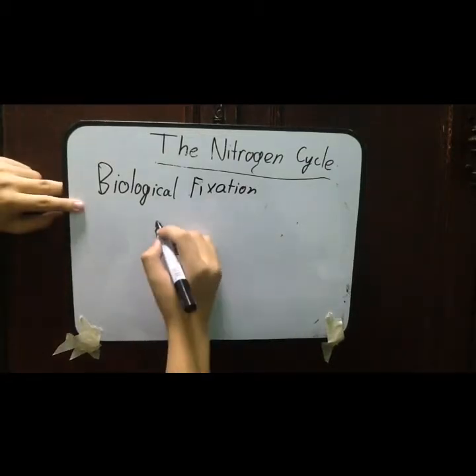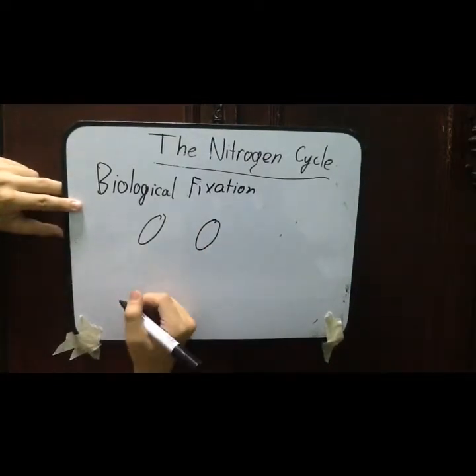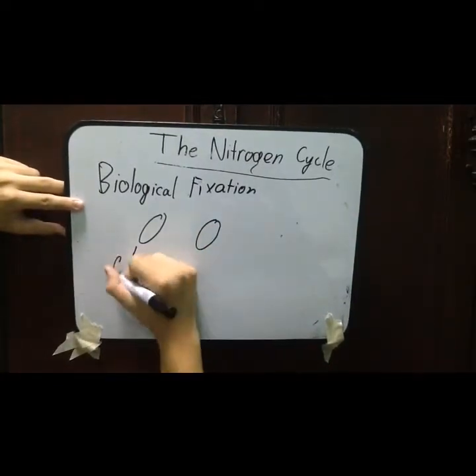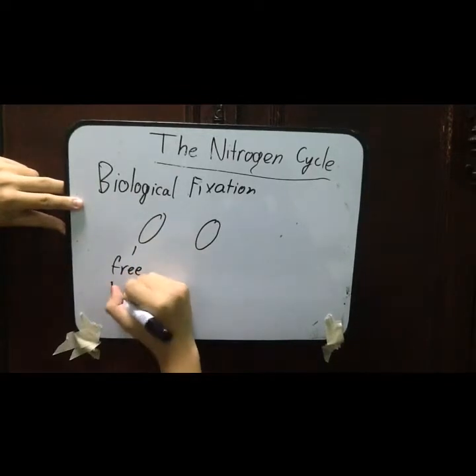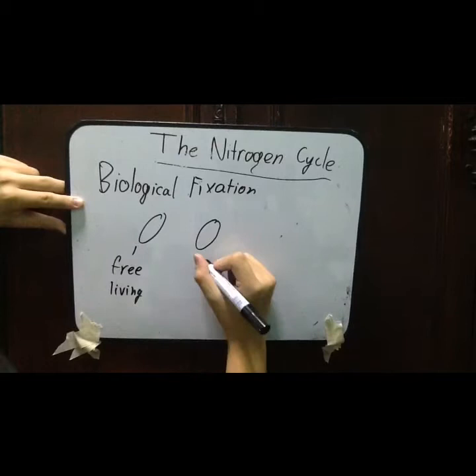The last method in nitrogen fixation is called biological fixation. In this process, there are 2 types of nitrogen fixing bacteria. The first one is called free living bacteria, and the second one is called symbiotic relationship bacteria.